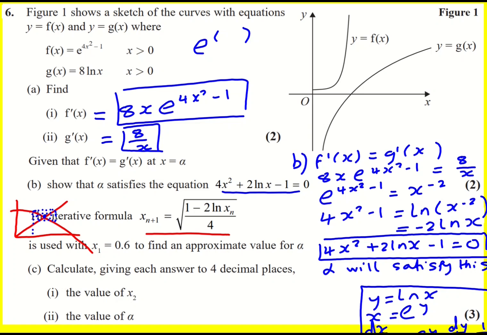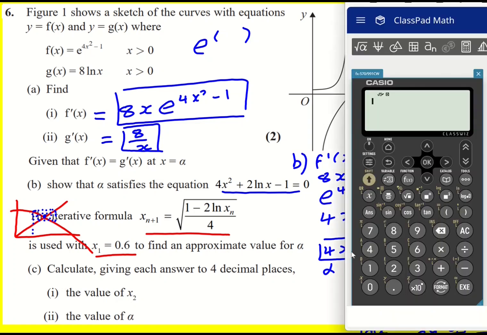In our case, all we need to do is substitute in the 0.6 and then do the iteration lots of times to get alpha. So quickest way to do this is to do 0.6 equals, get it stored in the answer button, and then we'll do the square root of 1 minus 2 times ln, that's shift log, then it's going to be answer that I use.